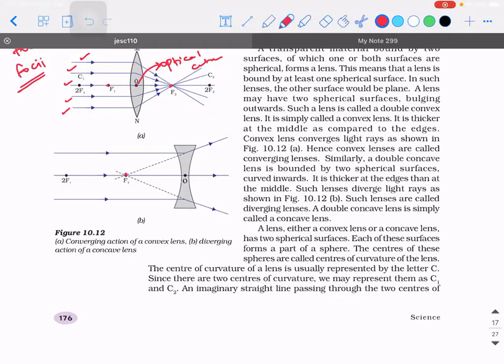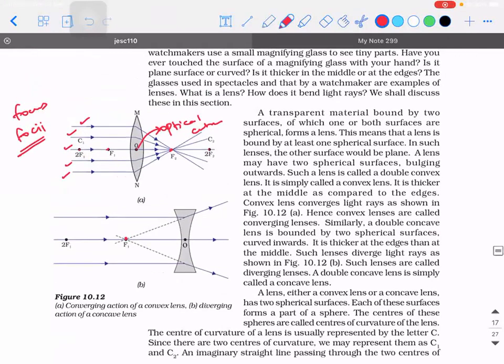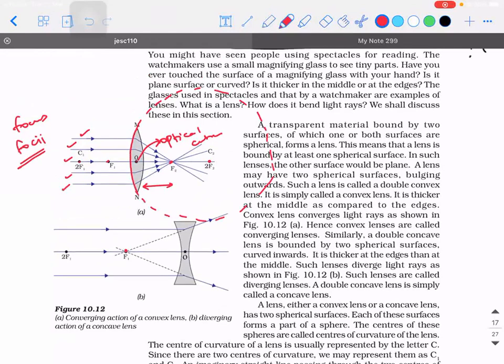Then what is the center of curvature? The center of curvature is the center from which the lens is obtained. If I take a curvature like this, the center of the sphere from which this part is actually taken is called the center of curvature.